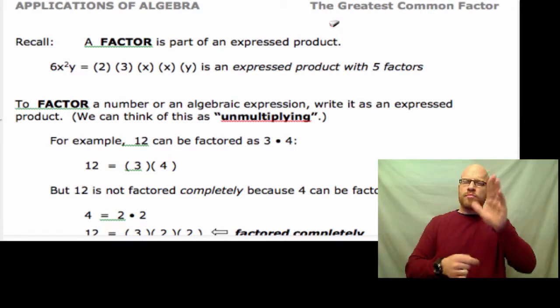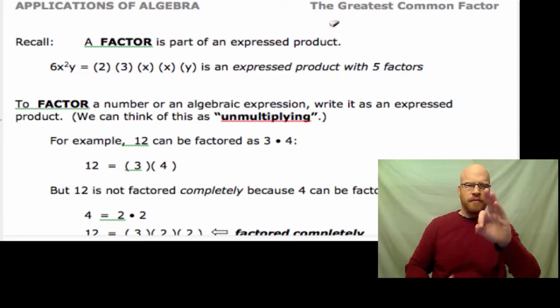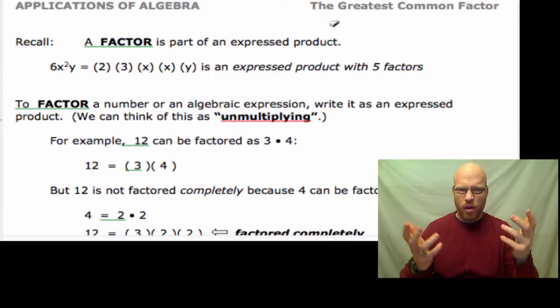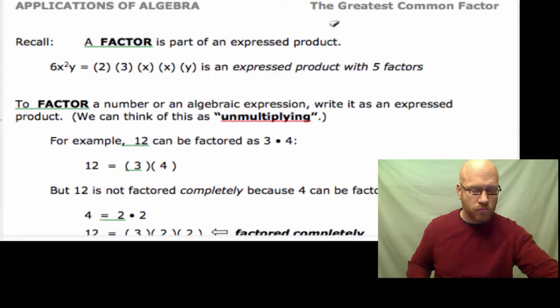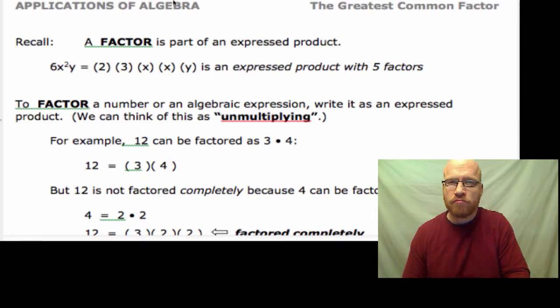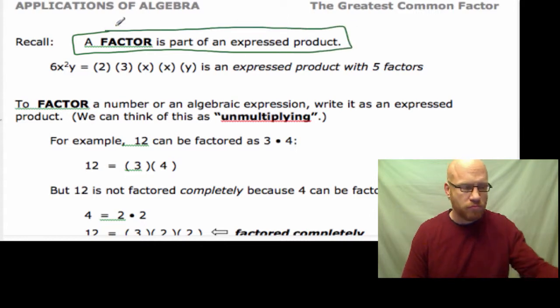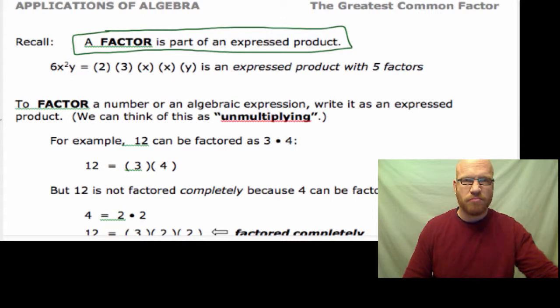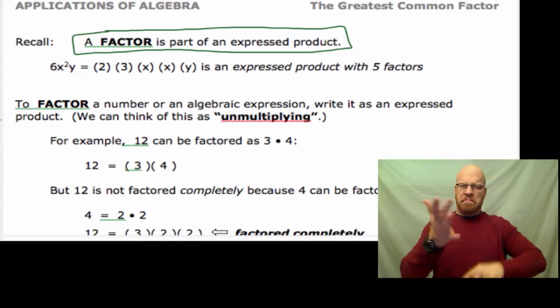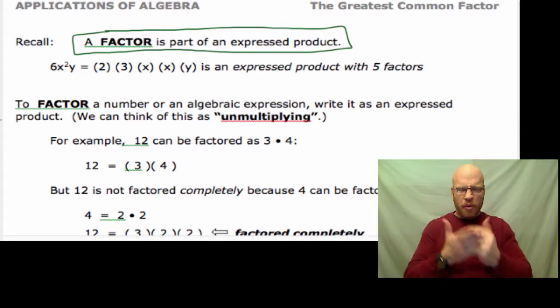Now let's back up a little bit. First, we're going to talk about what the word factor even means. Watch here. Okay, now if you think, just what does a factor even mean?